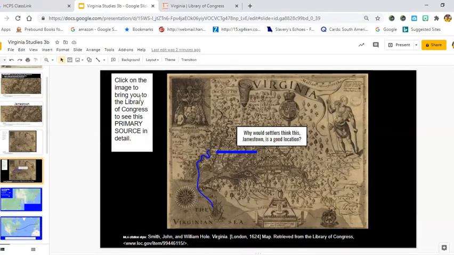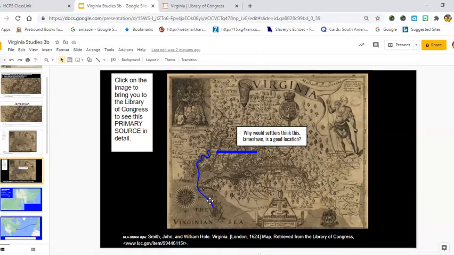Okay, you can click on the image to bring you right to the Library of Congress, where this primary source is located in detail. But you see I drew a little line here of a ship, the London Company venturing out, searching for new land in America. Think about what the London Company was looking for in the new land to bring back to England.